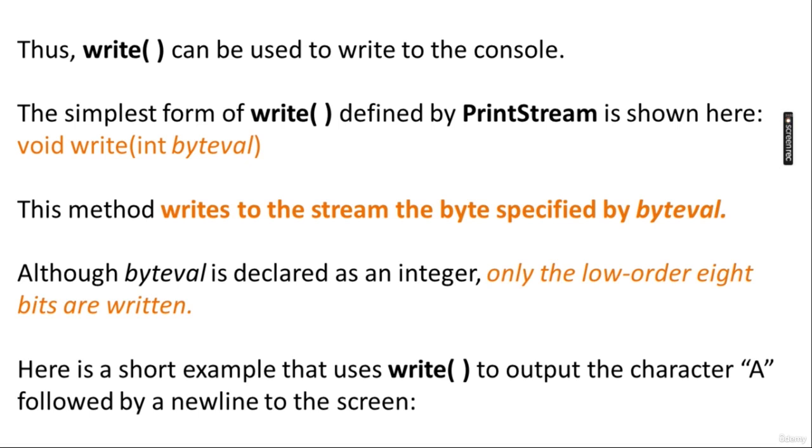This method writes to the stream the byte specified by byteval. Although byteval is declared as an integer, only the low-order 8 bits are written, not 32 bits. This is a short example we will be seeing.